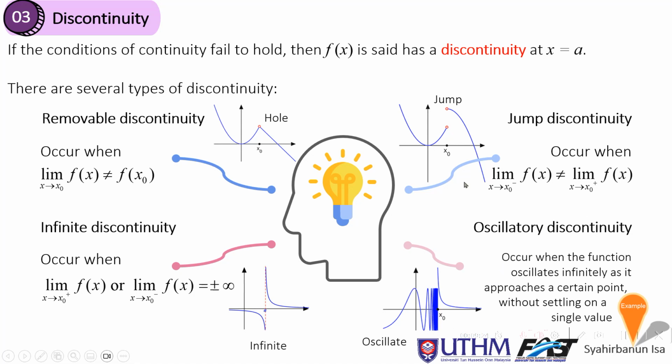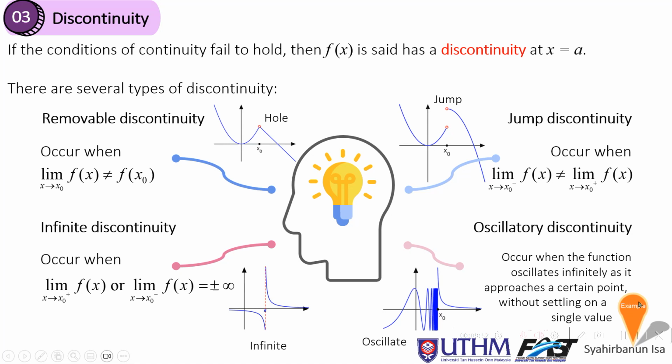That's why, when the function oscillates infinitely, we say that function has an oscillatory discontinuity. Examples of functions with oscillatory discontinuity are sine x and cosine x.